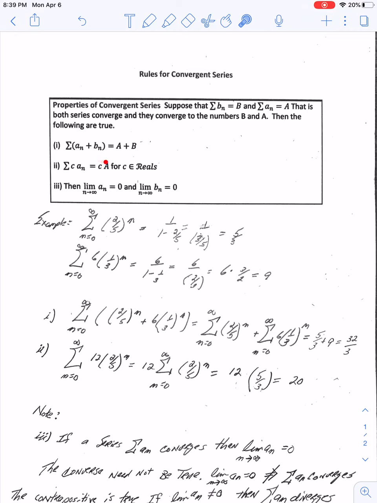So, looking at an example of part 1, what's the series of? The terms are 2/5 to the n plus 6 times 1/3 to the n.